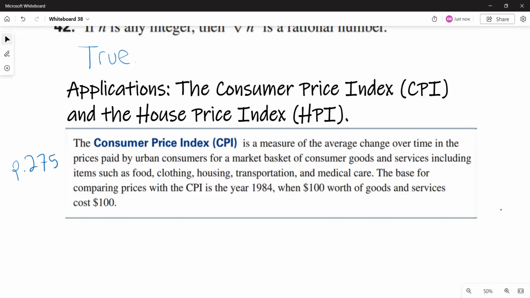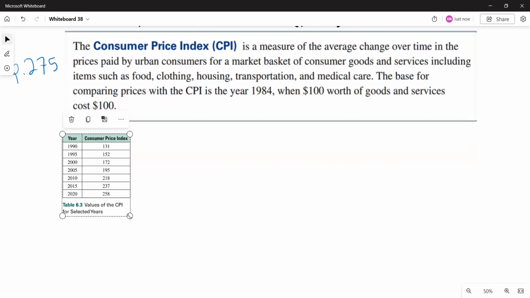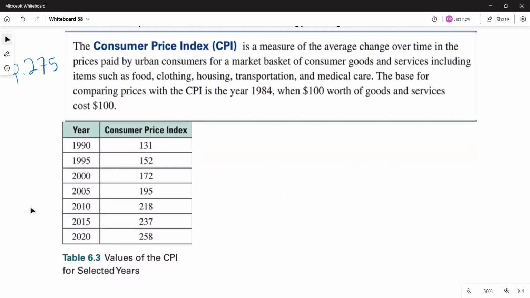The base for comparing prices with the CPI is the year 1984, when 100 worth of goods and services cost 100. And every year, the CPI increases. But for you to have an idea, we have this table. So the consumer price index, how it's been increasing throughout the years.